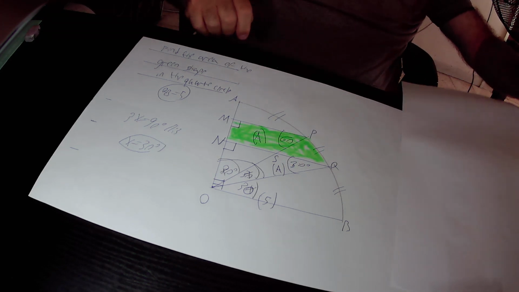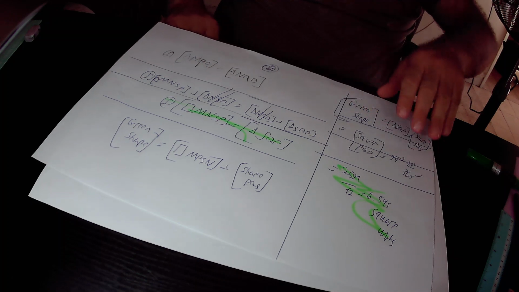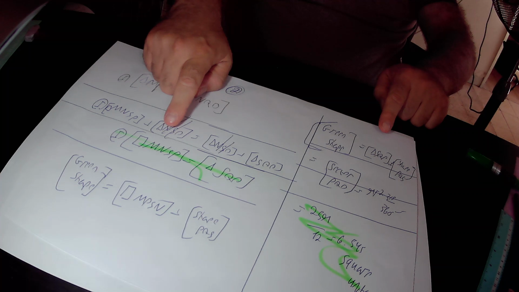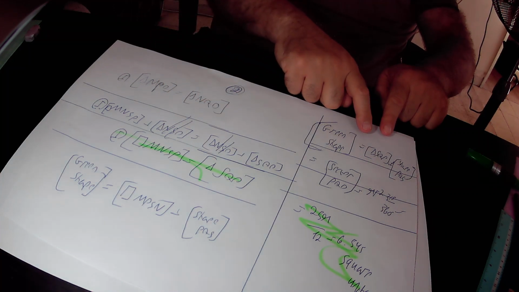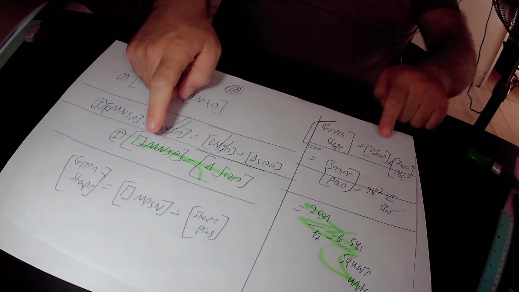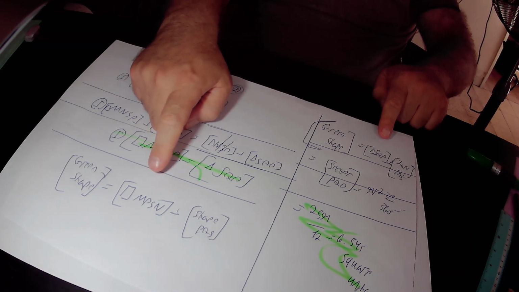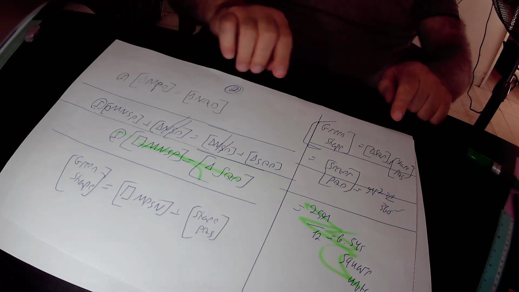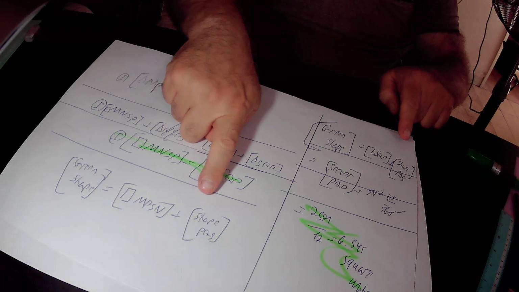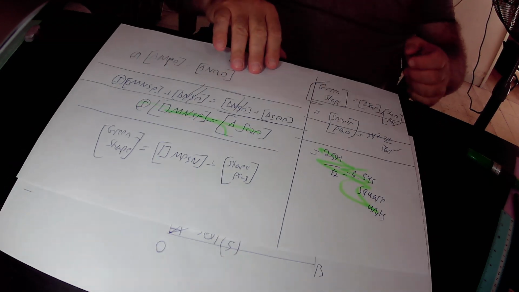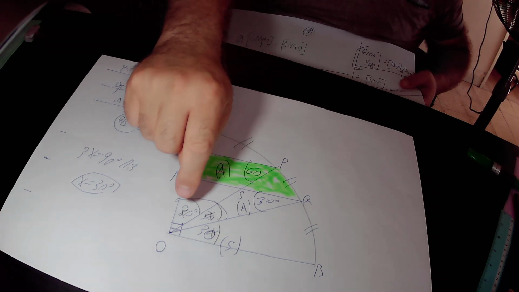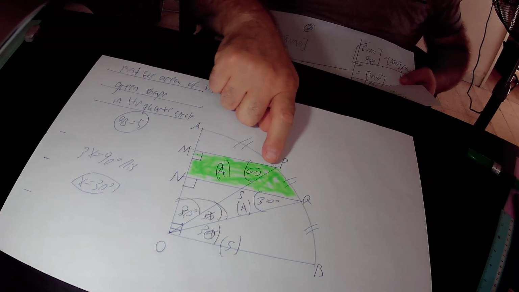We did it, and we find that the area of the green shape in total equals the area of triangle SQO plus the area of shape PQS.